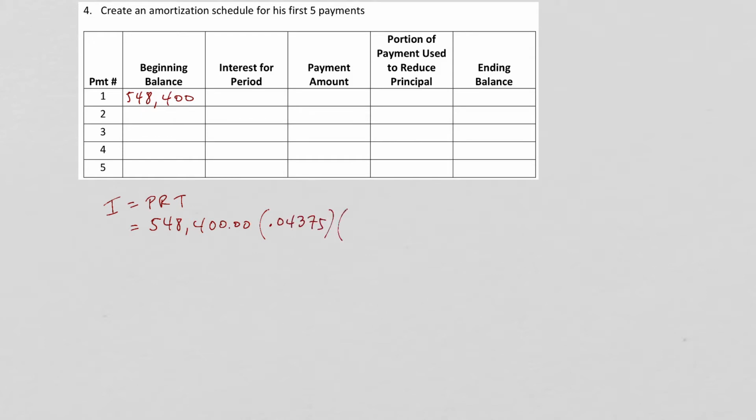But that's an annual rate, and this is 1 month's worth of interest. So this is going to be times 1 over 12, or just divided by 12. And so this will come out to $1,999.38. Okay? So that's the amount of interest that you are accruing for this 1 month.